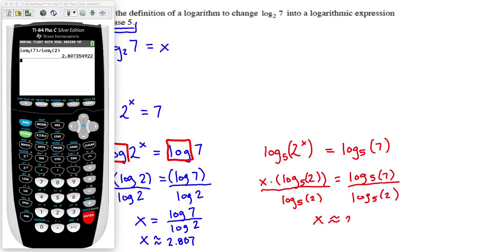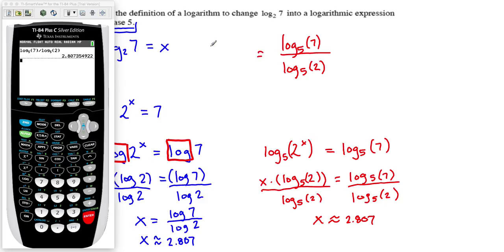So that's about 2.807. Now that's not the answer. They wanted us just to write it as a logarithmic expression. So what we're looking at here is the expression you're trying to come up with would be log base 5 of 7 over log base 5 of 2.